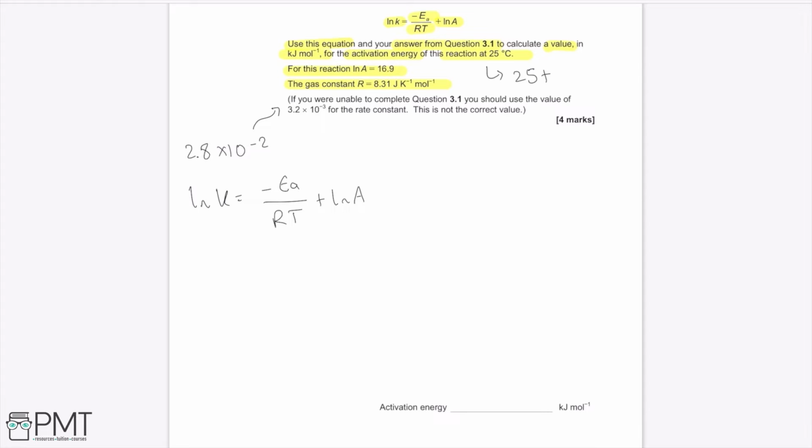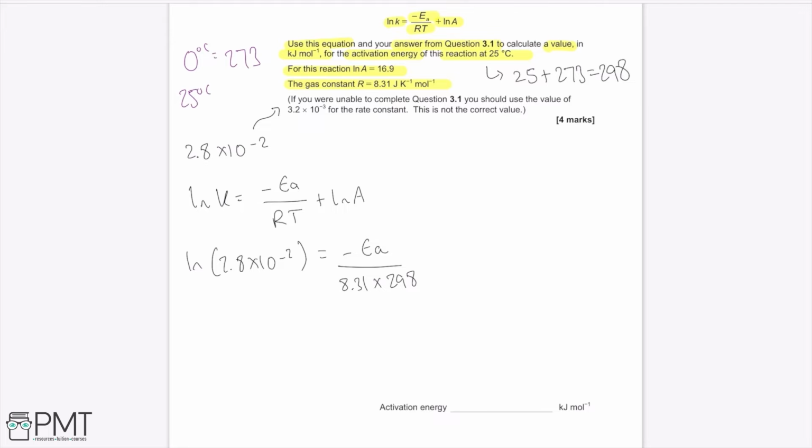So if we now put in our values, we will have the natural log in brackets of 2.8 times 10 to the minus 2 equals minus EA, which is our activation energy, divided by 8.31, multiplied by our new temperature value, which we know must be 298, because at 0 degrees Celsius, this is equivalent to 273 Kelvin. So when we add 273 to 25 degrees, we will get 298 Kelvin.